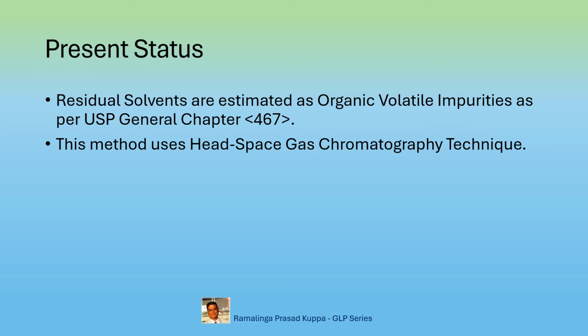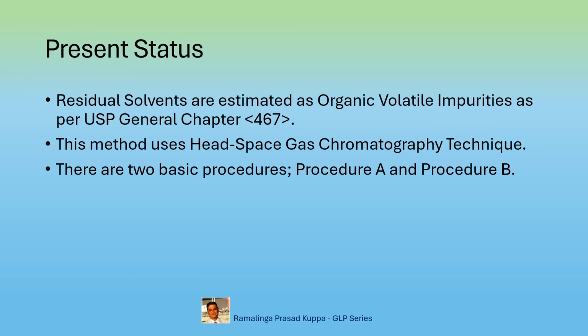Headspace gas chromatography technique analyzes volatile compounds by capturing the vapor phase of the test sample solution. There are two basic procedures, procedure A and procedure B. These two procedures A and B are used for water-soluble articles and water-insoluble articles.